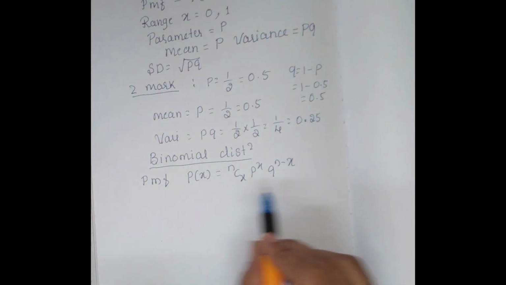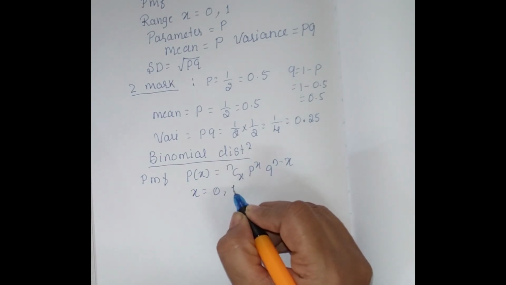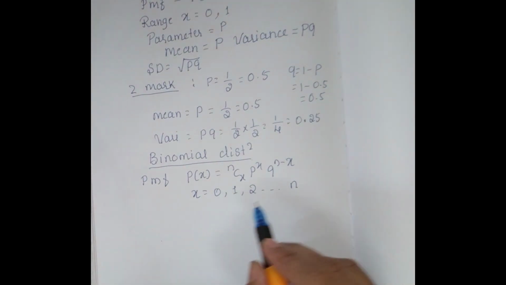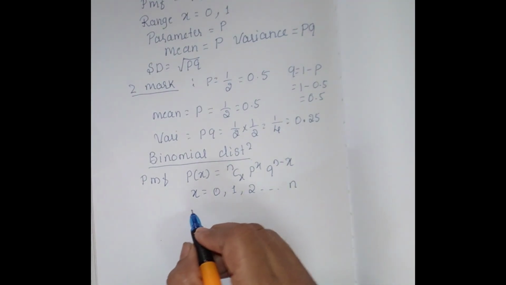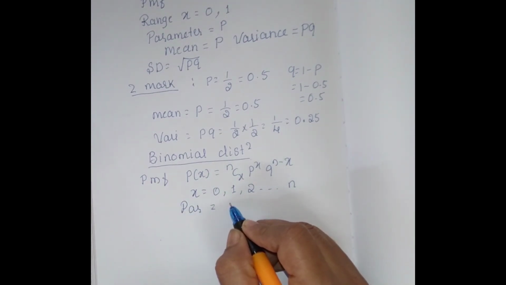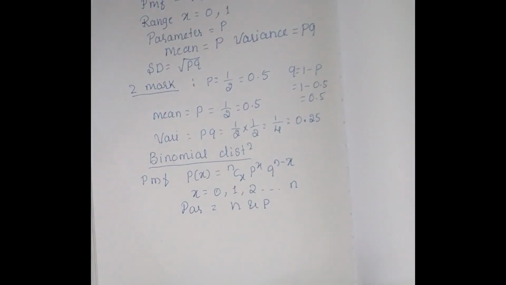This is the PMF. Then what is the range? Range is 0, 1, 2 up to n. Then what is the parameter? The parameters are n and p.